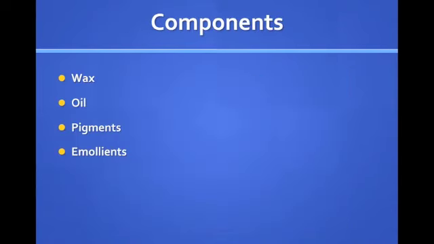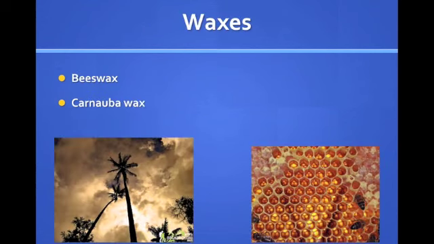So there are 4 main components in any lipstick that you use: wax, oil, pigments, and emollients. So the first component, which is actually a large percentage of the lipstick, is waxes, and basically it gives the lipstick shape and easy application.